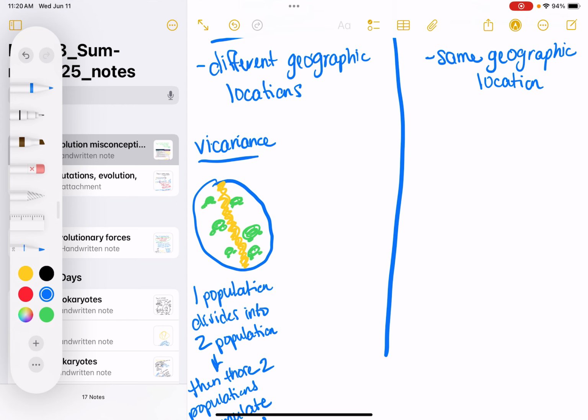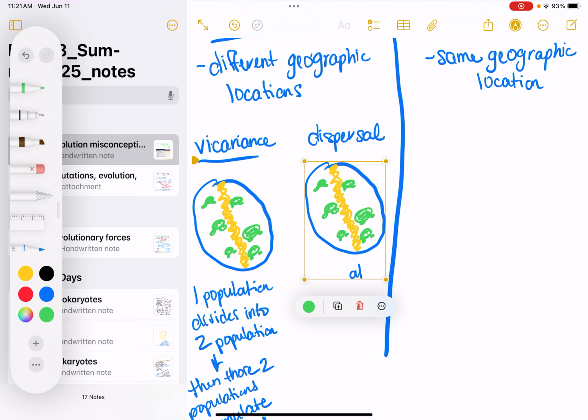So vicariance is one, and the other one is dispersal. Okay, so in dispersal, again, you have that same initial population, and a few of these individuals go and inhabit a new area where nobody else is already there yet, okay?